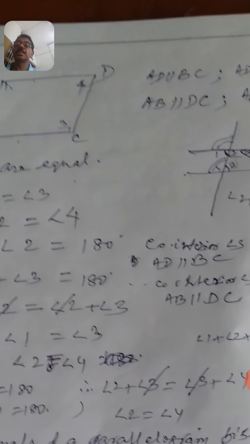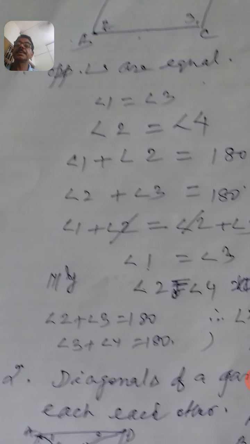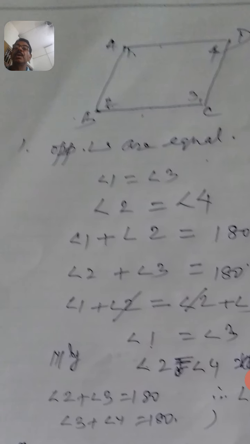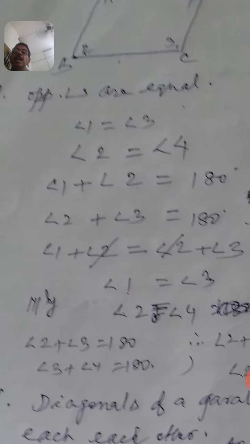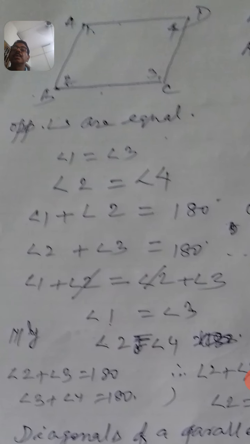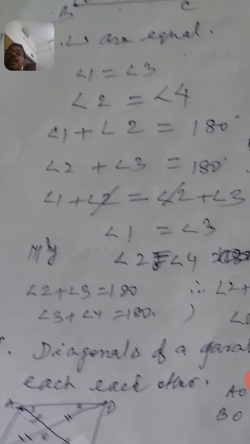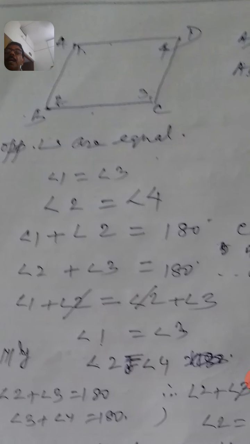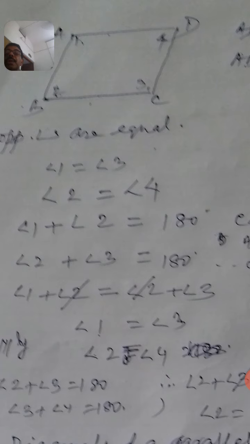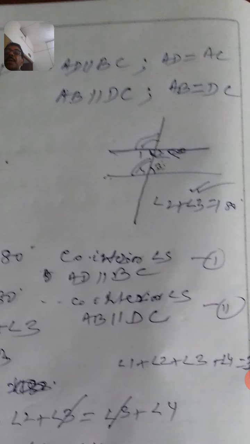So you have seen that in a parallelogram, the properties of a parallelogram: opposite angles are of equal measure. We have to prove that angle A is equal to angle C, angle B is equal to angle D. We have to prove it.